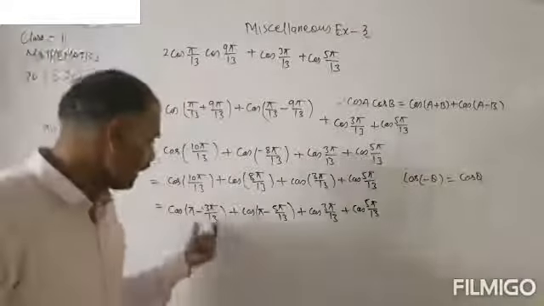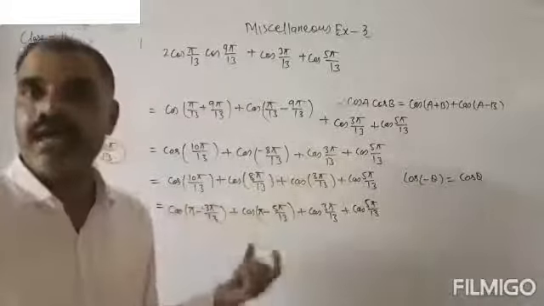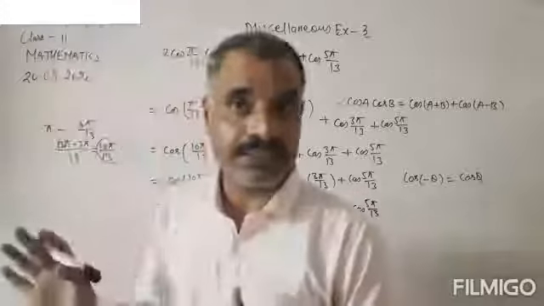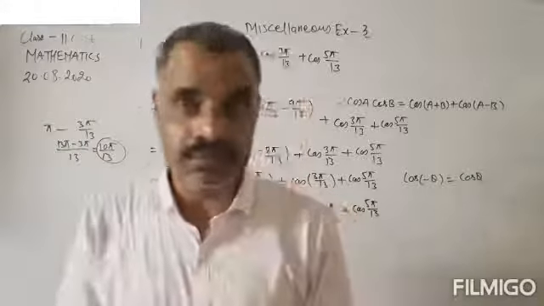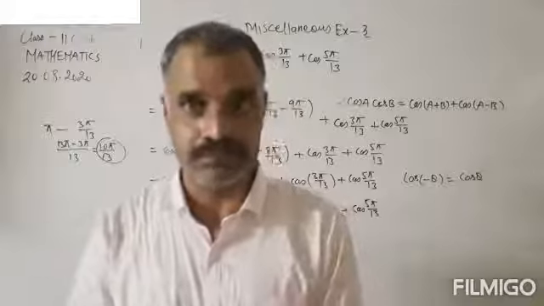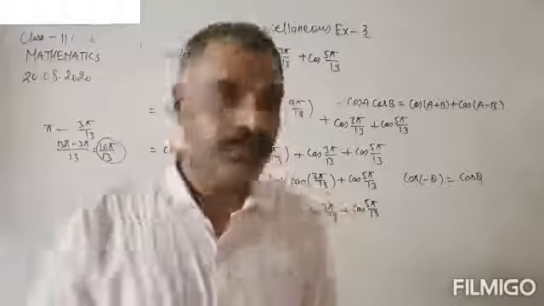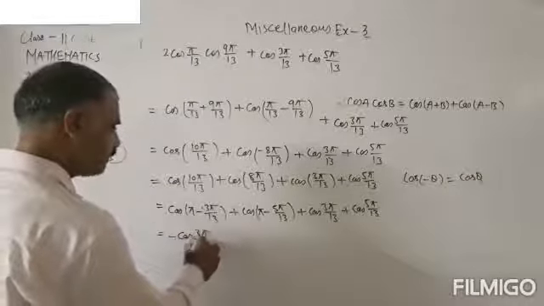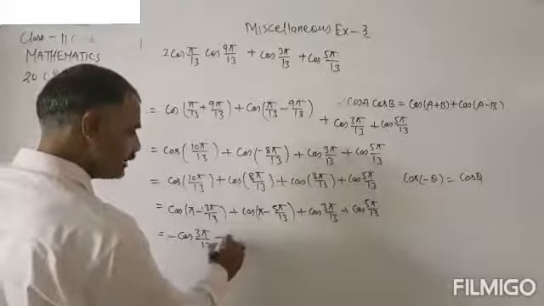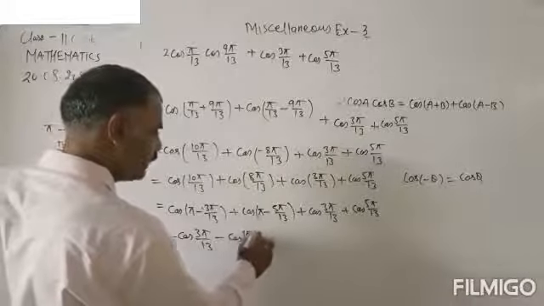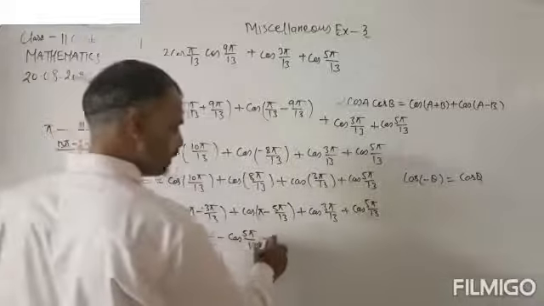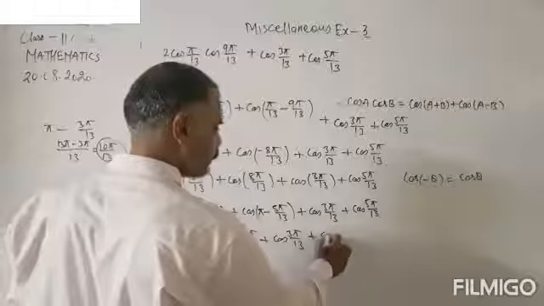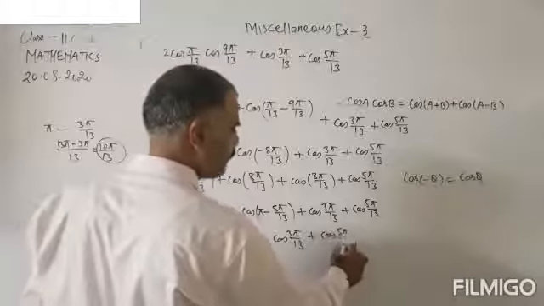Now pi minus 3 pi by 13 lies in the second quadrant, and in the second quadrant cos theta is negative. That is why this is equal to minus cos 3 pi by 13, and this is also minus cos 5 pi by 13, plus cos 3 pi by 13 plus cos 5 pi by 13.